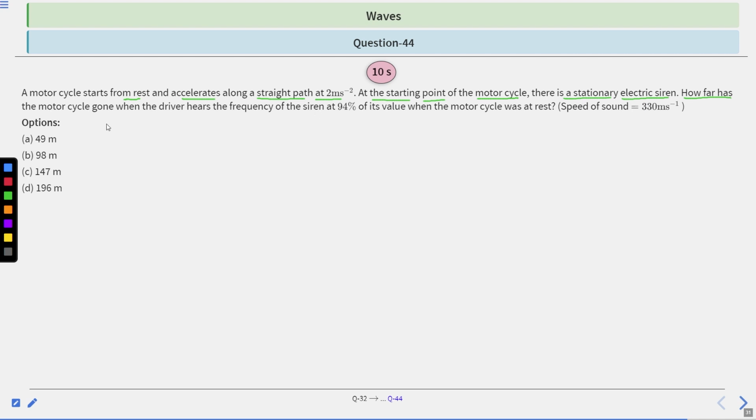How far has the motorcycle gone when the driver hears the frequency of the siren at 94% of its value when the motorcycle was at rest? The speed of sound is 330 meter per second. Options: A is 49 meter, B 98 meter, C 147 meter, and D 196 meter. Which one is correct? You have 10 seconds to solve this question. After 10 seconds, we will provide the solution.